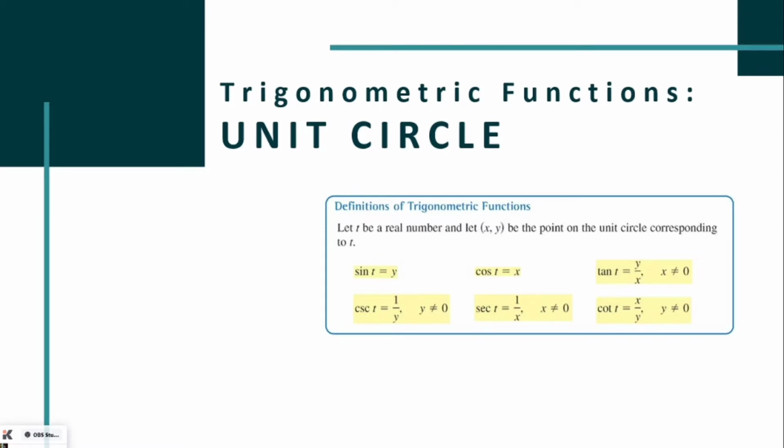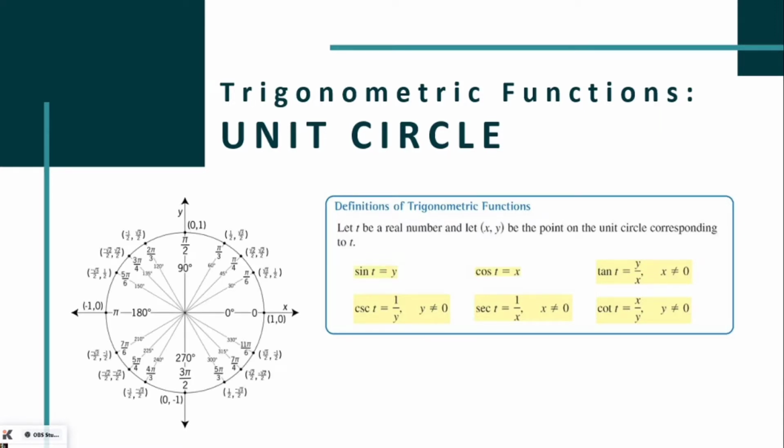Secant t is equal to 1 over x, where x is not equal to 0, and cotangent t is equal to x over y, where y is not equal to 0. And we also have this figure here.